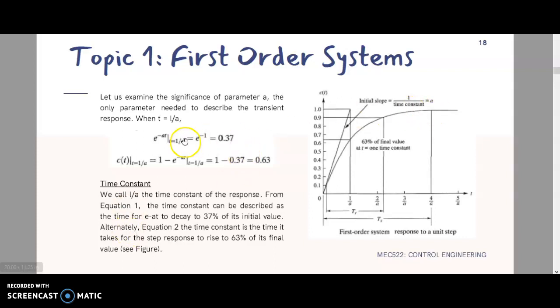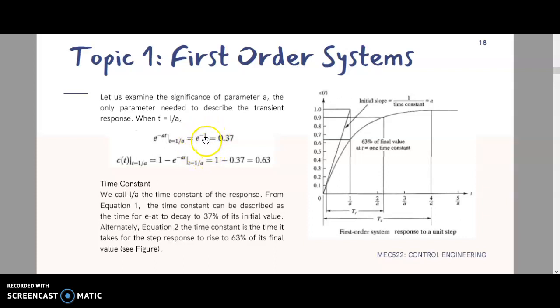So for example here kita nak main dengan parameter dia macam mana kan. For example kita dapatkan t equal 1 over a. So kita replacekan t by 1 over a. So 1 over a and then a ni you cancel and then you akan dapat minus exponential minus 1.